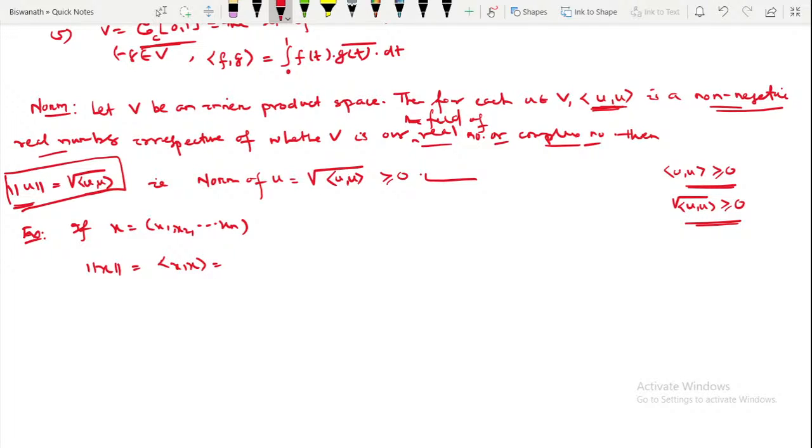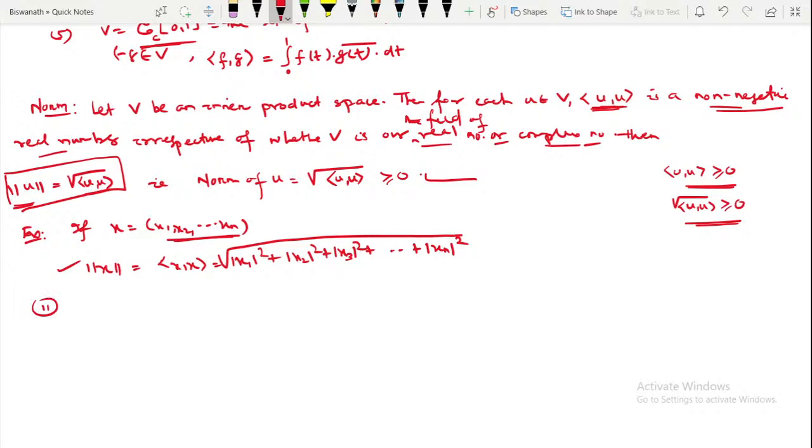Whether this belongs to a real n-tuple or complex n-tuple, whatever it may be, the result will be the square root of mod x1 squared plus mod x2 squared plus mod x3 squared, like that up to mod xn squared. So this is the norm of x.